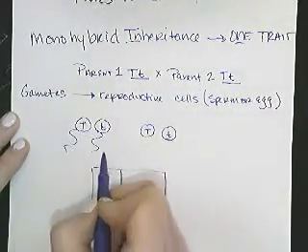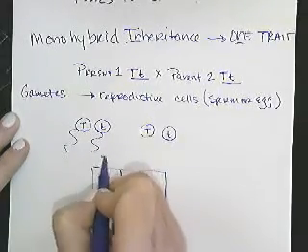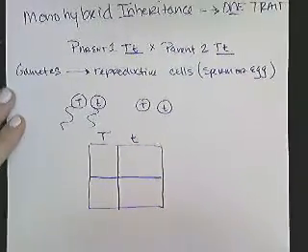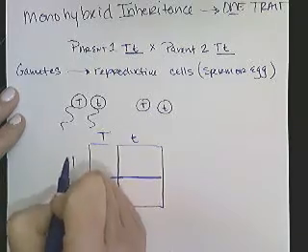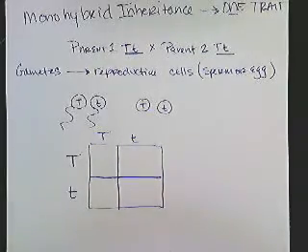We're going to place parent 1 gametes here across the top, big T, little t, those are the possibilities for that one trait. And we're going to place parent 2 gametes always here along the side, uppercase T, lowercase t.